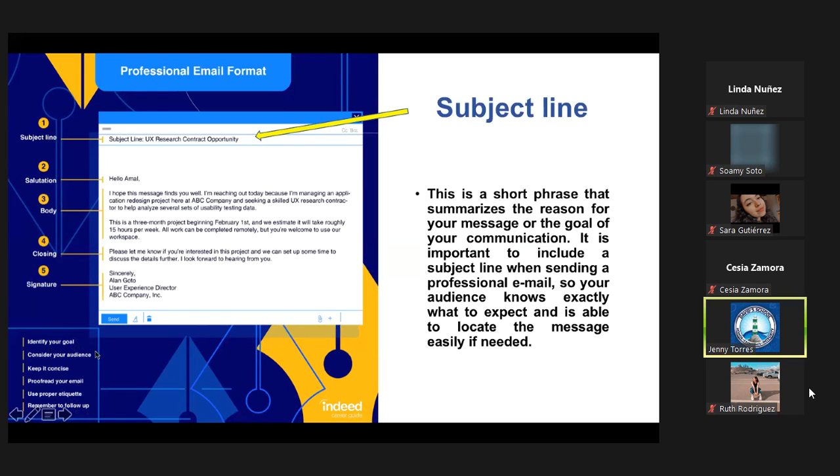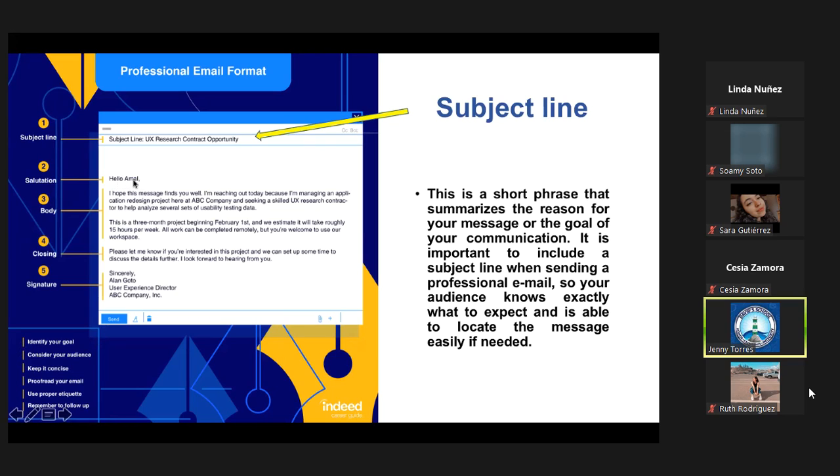You have to know that when I say identify your goal, primero van a identificar cuál es el propósito de su email, porque ya con eso van a poder escribir el subject line, okay? Y ya van a tener una idea clara que van a escribir en el body. Now, consider your audience. Tienen que revisar quién es la audiencia para quien están escribiendo.